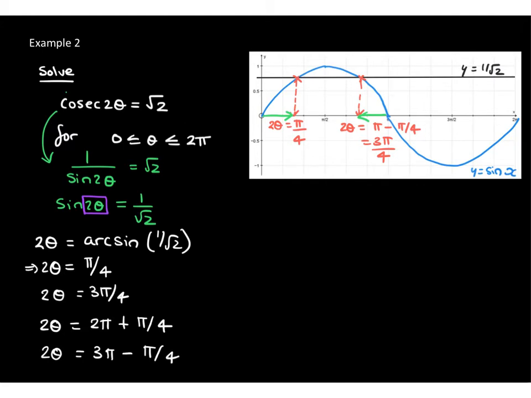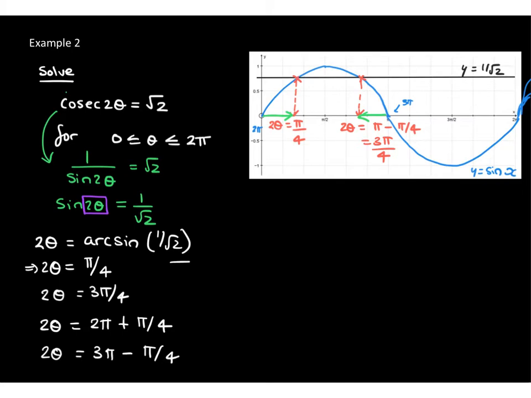Just imagine what happens after 2 pi radians when the graph just repeats itself in exactly the same way, and effectively your 0 becomes 2 pi and your pi becomes 3 pi. So the whole thing will just repeat itself after 2 pi radians. Again, if you're using the unit circle and the 4 quadrants, you're effectively going round the full circle to 2 pi and then going round again.